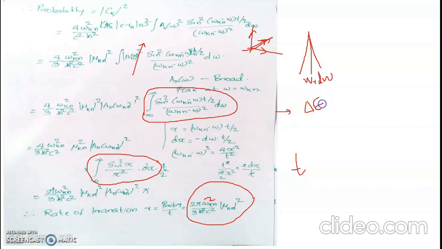Delta E into delta T will be of the order of h cross. That means by increasing delta T, you could not increase or decrease delta E. There is an agreement between the change in energy corresponding to a transition and the time taken for the transition.